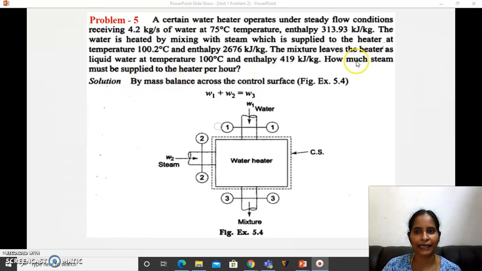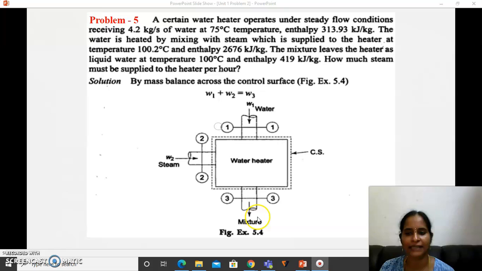Okay, so they didn't give the mass flow rate of the steam. Instead, the mixture's properties have been given.